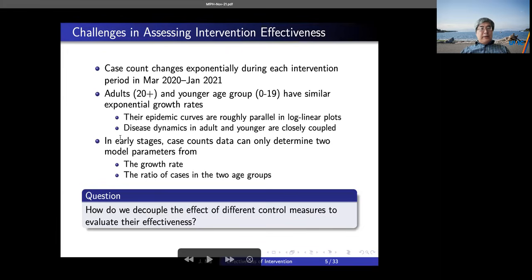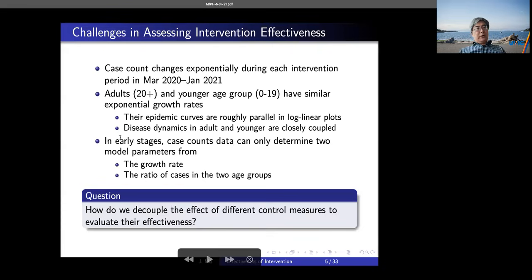That tells us that their disease dynamics are closely coupled. If we do anything in the adults, you would see changes in the kids. If you close school or school opens, any implementation of control measures in the kids, you would see cases in adults change as well. That's why these two curves are kept roughly parallel to each other.